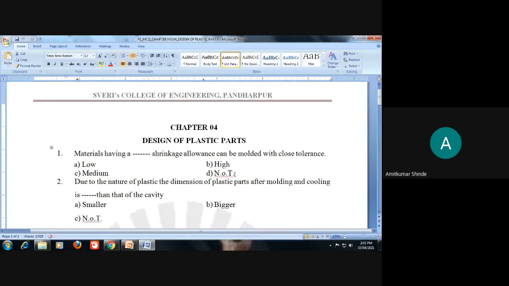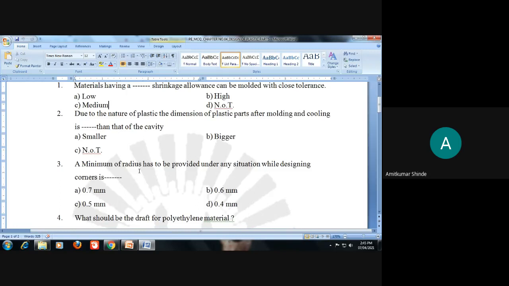To get close dimensional tolerances, the material should have low shrinkage allowance. Due to the shrinkage of plastic materials, we end up with smaller dimensions compared to the cavity.